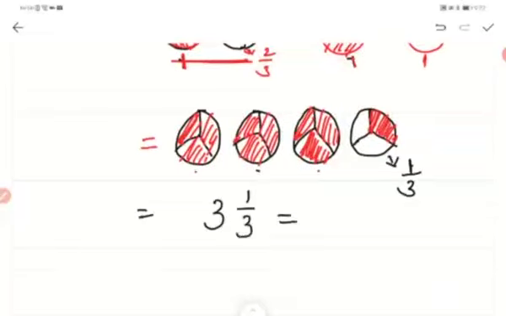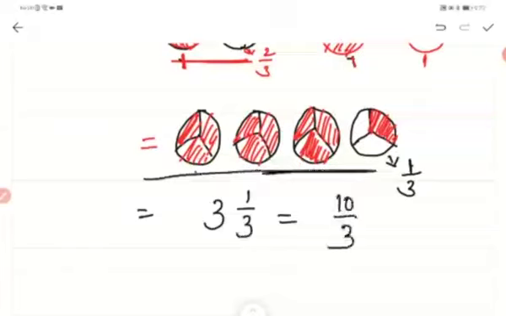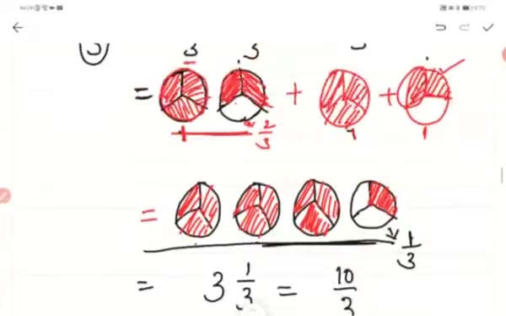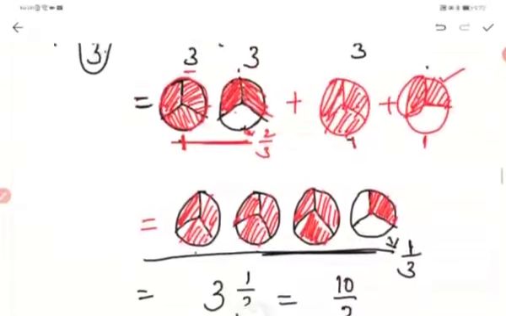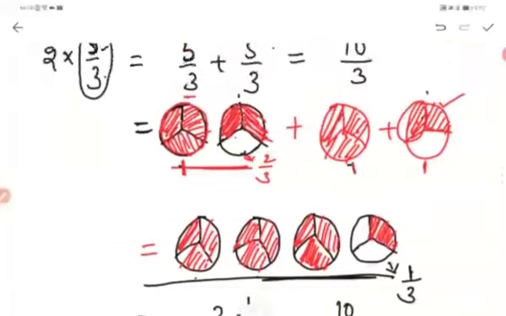This is nothing but, if you convert it into your improper fraction, 3 3s are 9 plus 1, this is 10 by 3, isn't it? So this is how you represent your multiplication, okay, with the pictorial form.